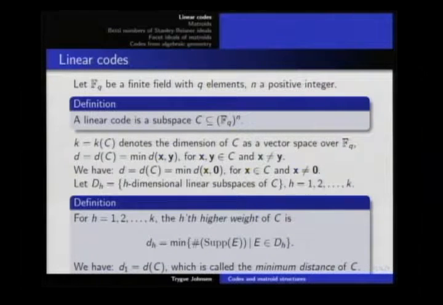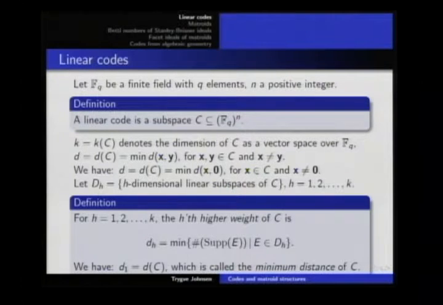And we then define d_h, the minimum cardinality of the support of a subspace of dimension h.